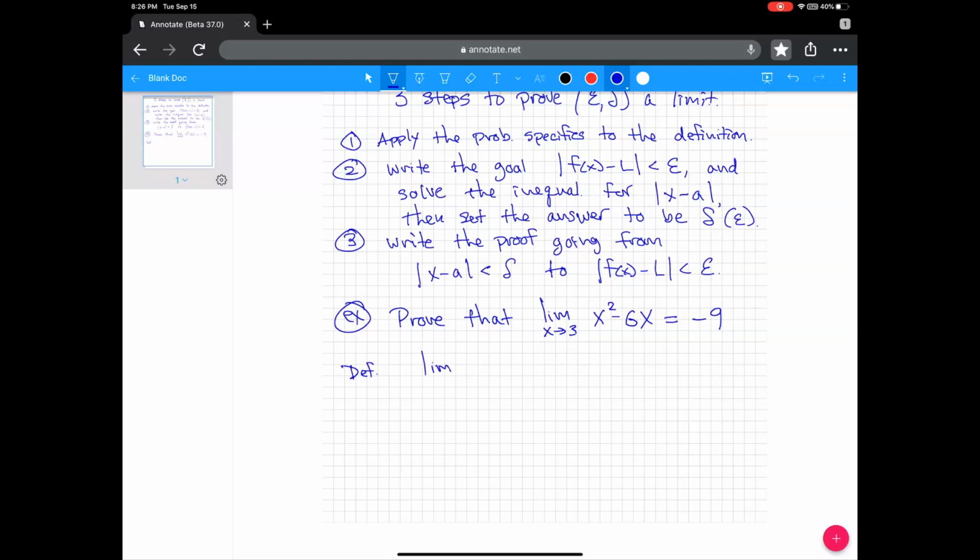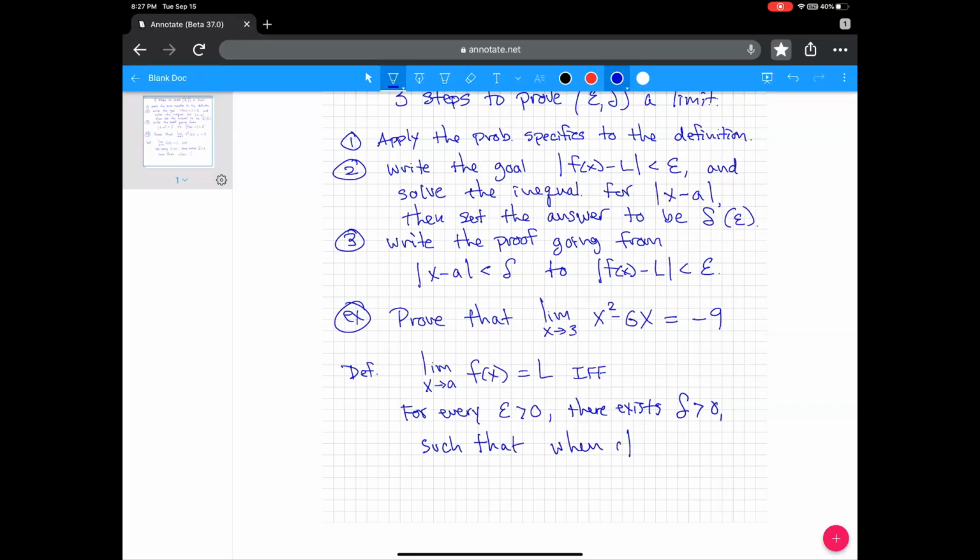We say that the limit as x tends to a of f of x is equal to L, if and only if, for every epsilon greater than 0, there exists a delta greater than 0 such that when 0 is less than the absolute value of x minus a is less than delta, when that's true, then the absolute value of f of x minus L is less than epsilon.